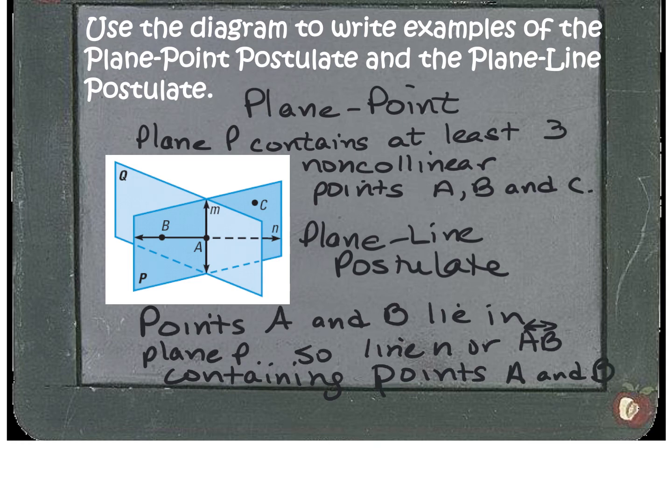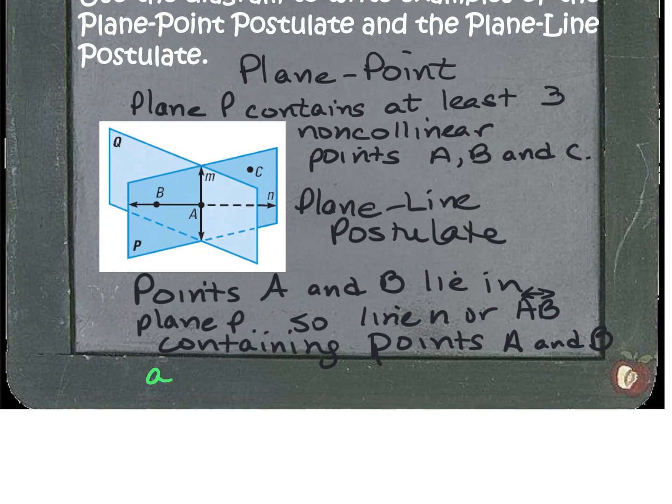I'm going to switch colors here. Also lies in plane P. So if 2 points are in a plane, then the line that contains those points is also in the plane. 2 more examples and we're done.